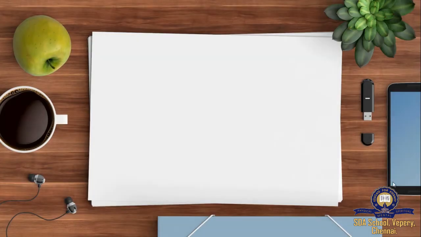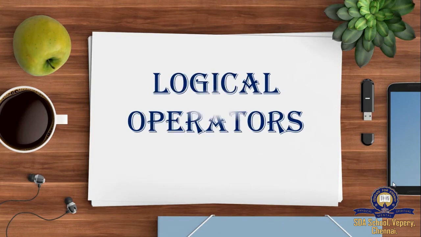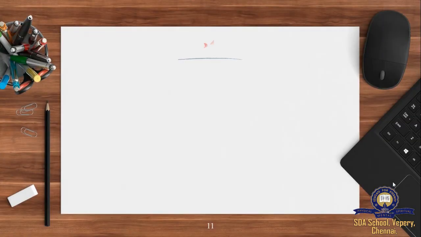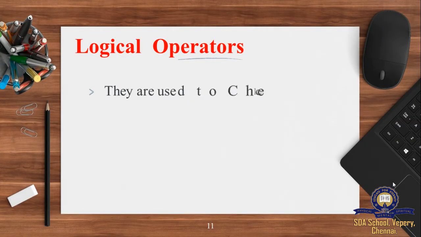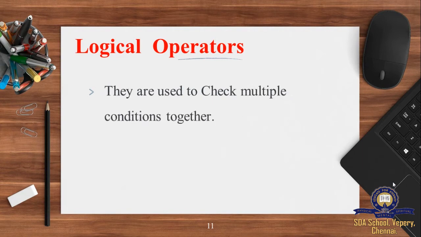And next one, logical operators. Logical operator means what comes to your mind? You have to think logically. Once the condition is valid, then you will get the value either true or false. Now I'm going to tell you what a logical operator is. It checks multiple conditions together.